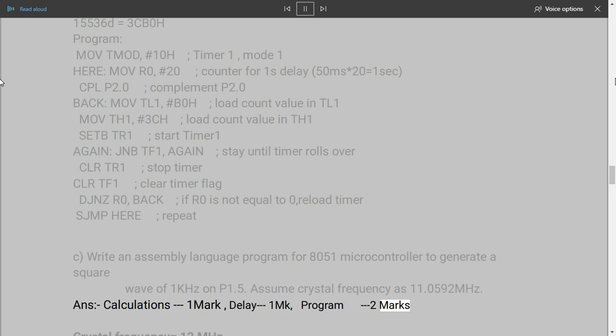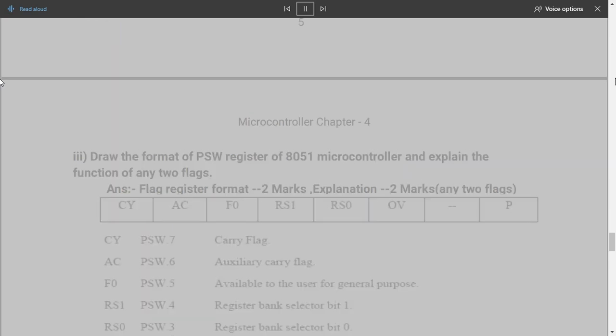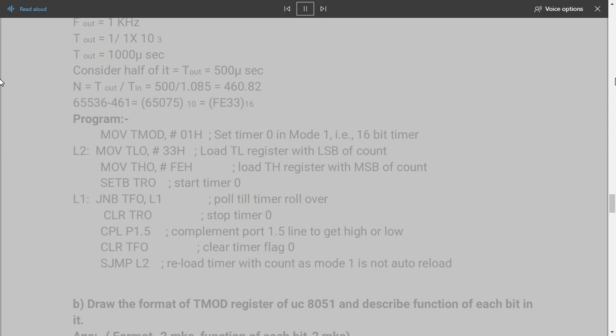Input clock equals 11.059 x 10^6 / 12 equals 921.58 kHz, so T in equals 1.085 us. For a 1 kHz square wave, F out equals 1 kHz, T out equals 1/(1 x 10^3) equals 1000 us.